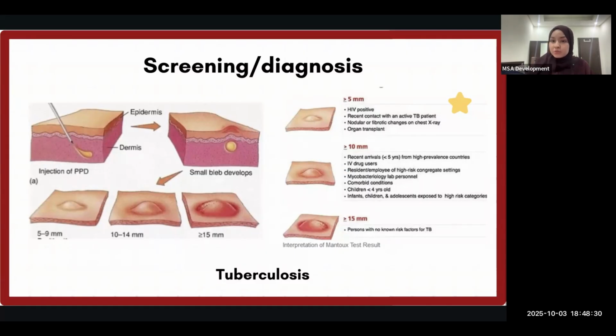Why? Because their immune systems are weak anyway, so we can't expect it to form that big of a reaction. So yeah, memorize these numbers. This got asked in past exams before. HIV positive and recent contact would be the criteria for having an induration of 5 or greater.